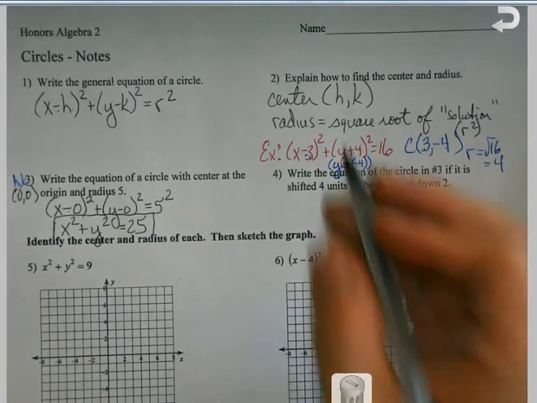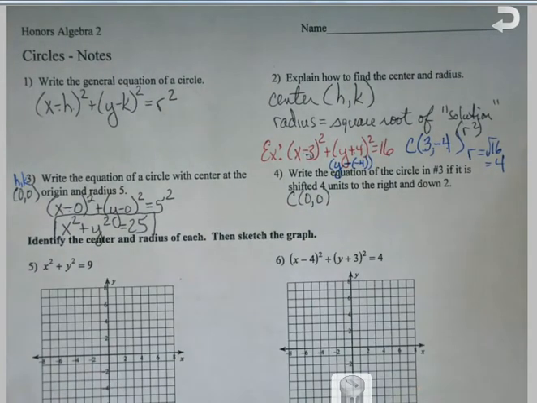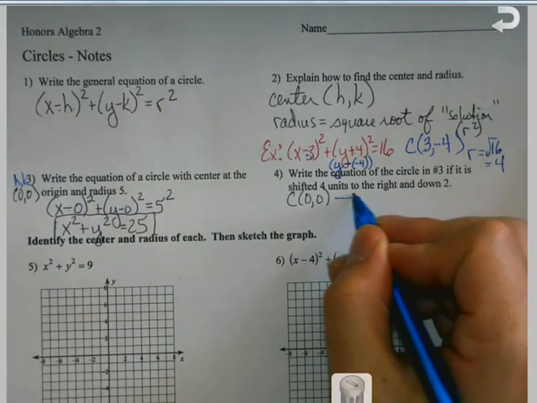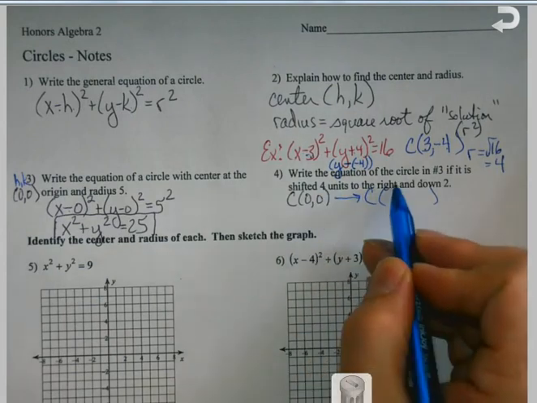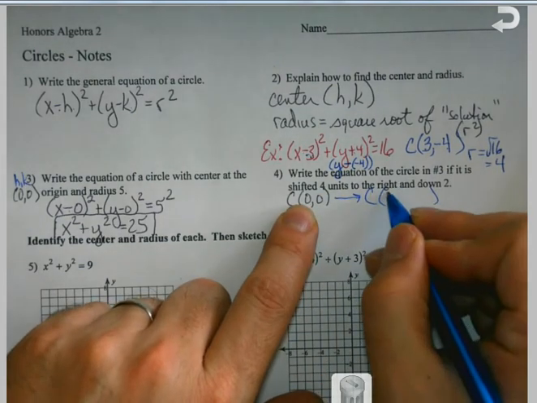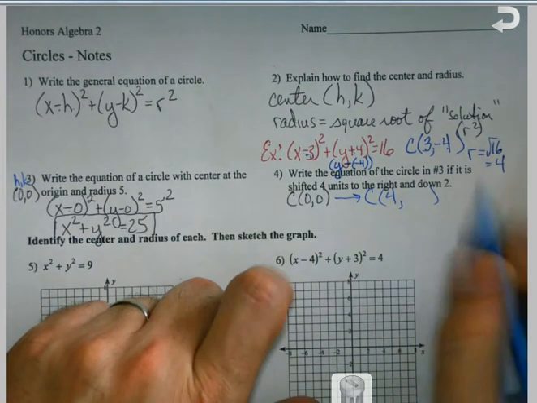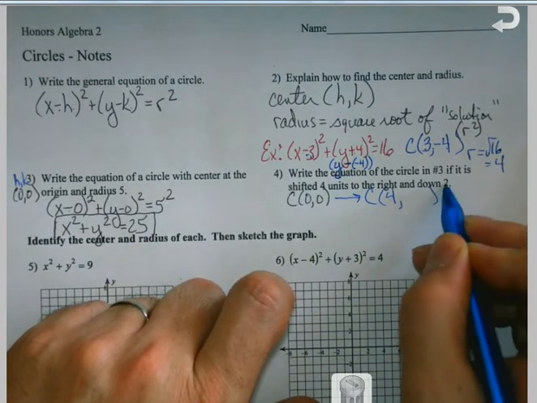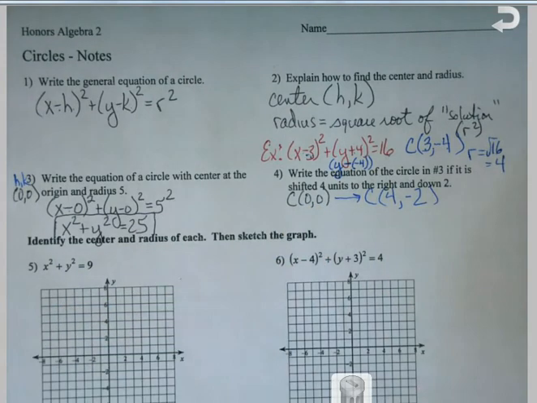Okay, here's normally how I would look at that. My center was originally at (0, 0). My new center shifts 4 units to the right, so I'm going to add 4 to my x value. But it shifts down 2, which would be my y value, so 0 minus 2 would be -2. Now notice the size of the circle, its radius, doesn't change at all. Just the center.